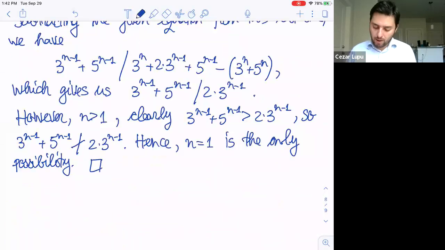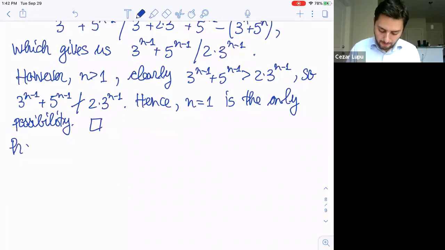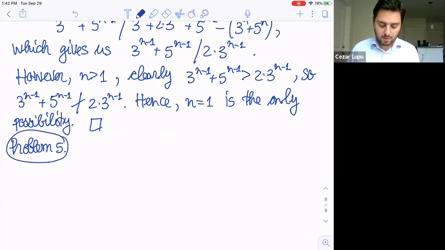All right, so another problem that I have in mind is the following, problem 5. And at this point, let's start using some theory. The problem is the following.